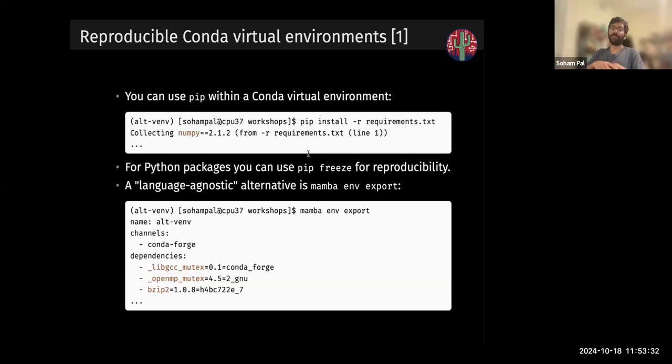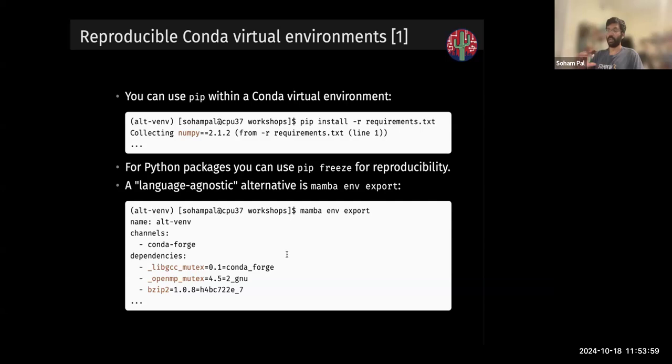So if you'd like to export all the packages that are installed in your virtual environment, then the best way would be to use this command, mamba env export, and that will list all the packages that are installed by Mamba or Conda in there.